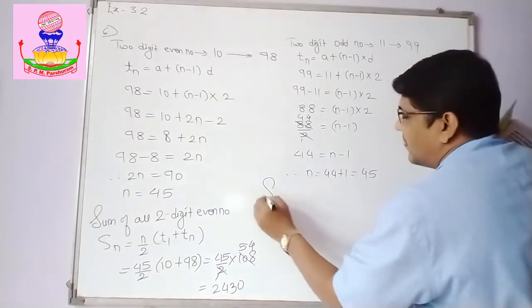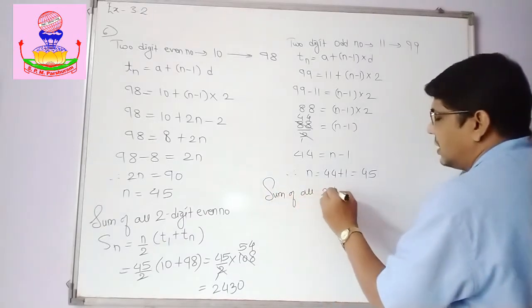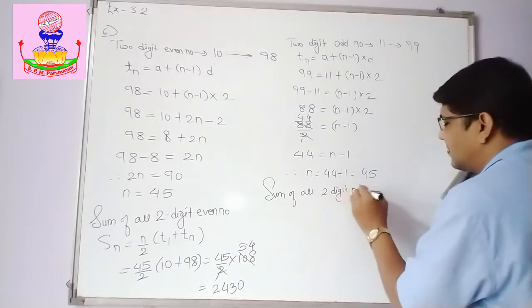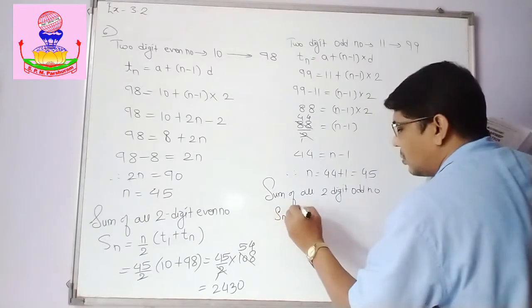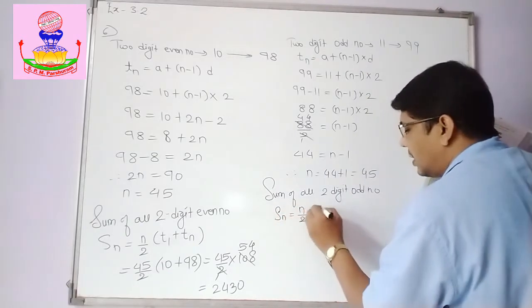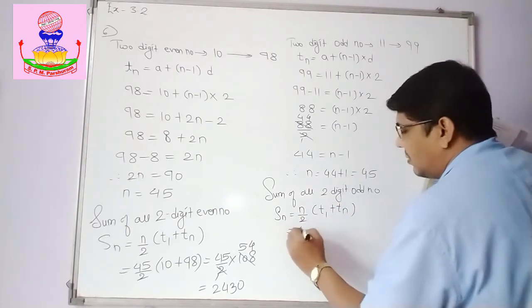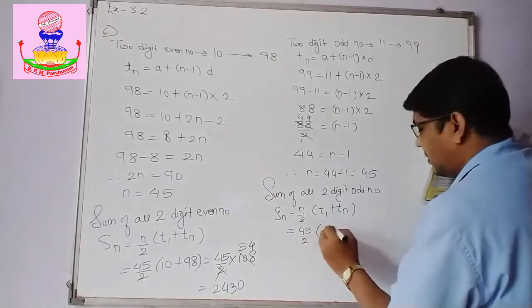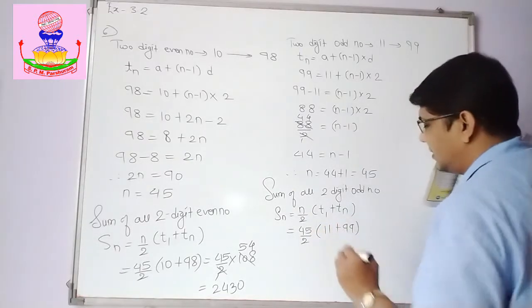Now the sum of all two-digit odd numbers. So Sn is equal to n upon 2 into (T1 plus Tn). What is n? 45 upon 2. What is T1? 11. Tn is 99.